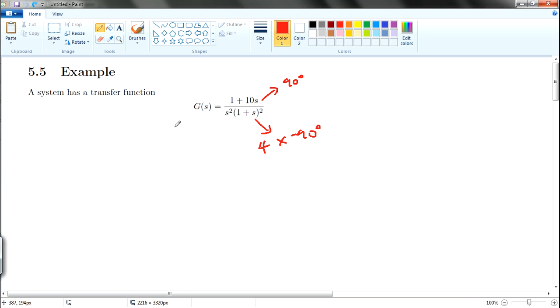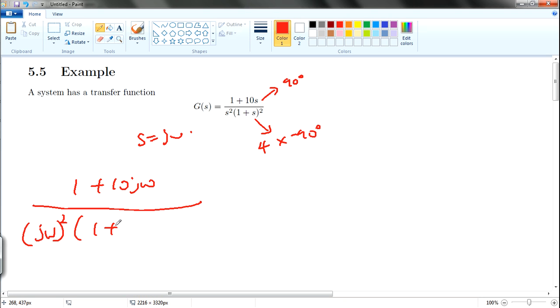So what I need to do is change s equals to j omega first. If that's the case, I'll have j omega squared, and 1 plus j omega squared.